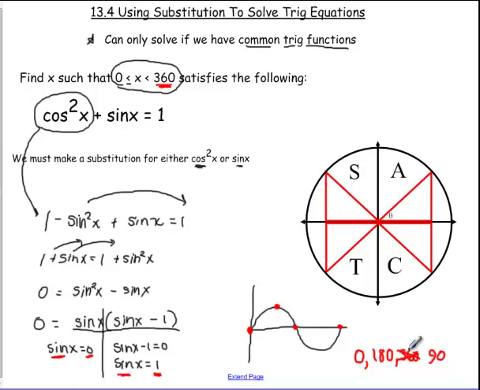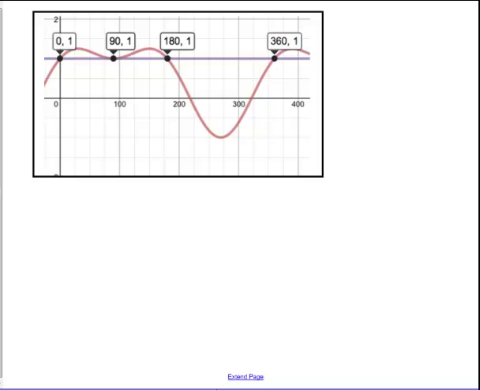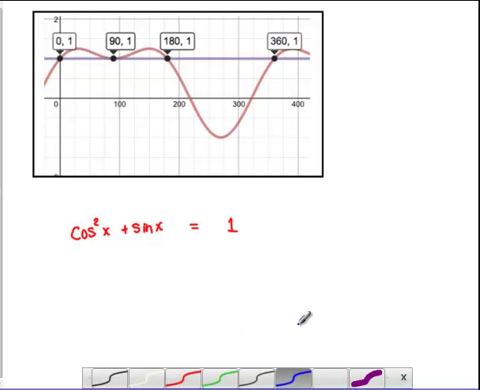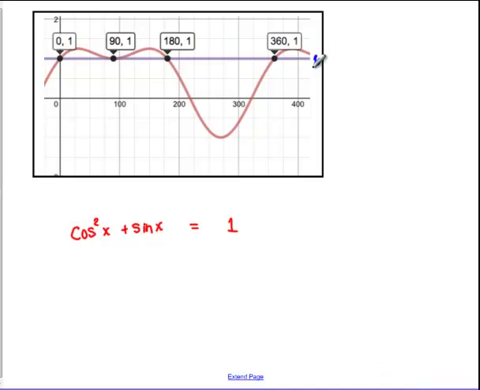Okay, not bad. Now likewise, I could have done this on my calculator. I could have gotten my graphing calculator out, and I actually could have graphed each wave. So this was cosine squared x plus sine x equals 1. So that's what I did up here. In purple, this is the line 1.